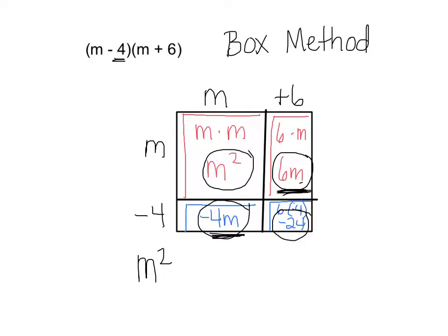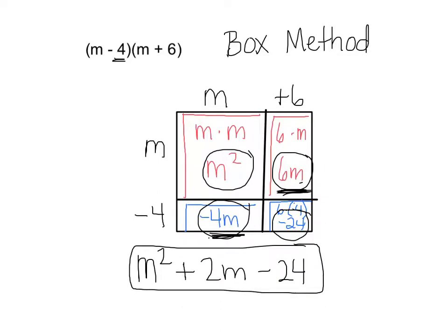So 6m minus 4m gives you a positive 2m. Remember, when you collect like terms, you just add the coefficients out front and keep the variable the same. And then at the end, you'll have the minus 24. So this is the solution to the multiplication of two binomials.